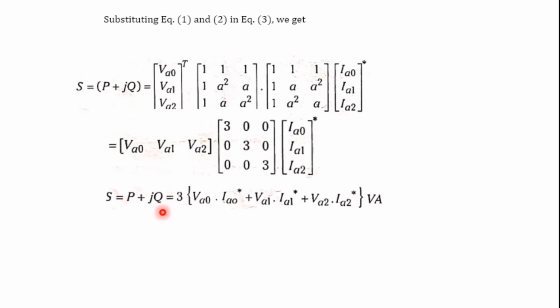So S is equal to P plus jQ, which becomes 3 times VA0 IA0 conjugate plus VA1 IA1 conjugate plus VA2 IA2 conjugate.